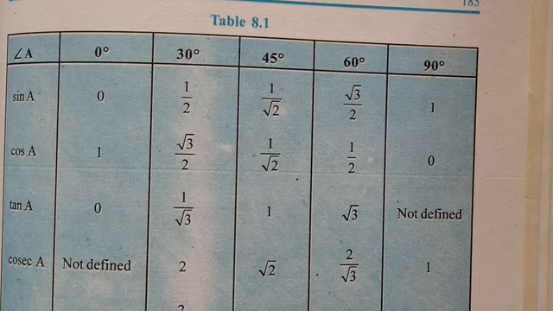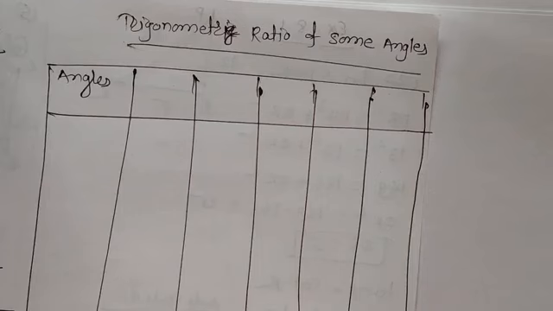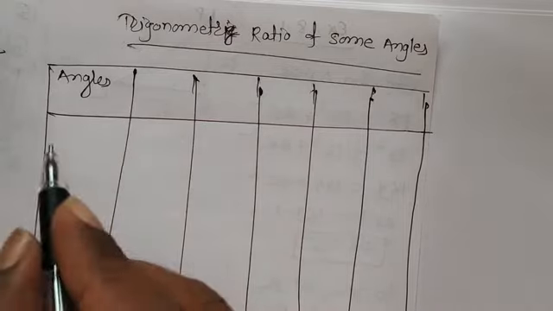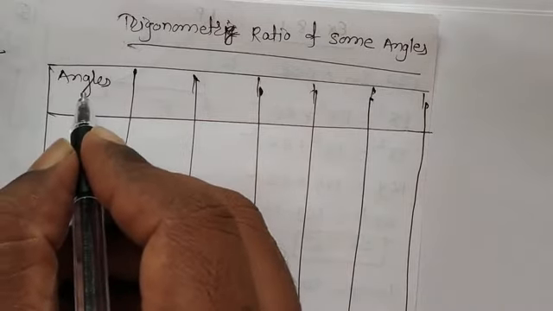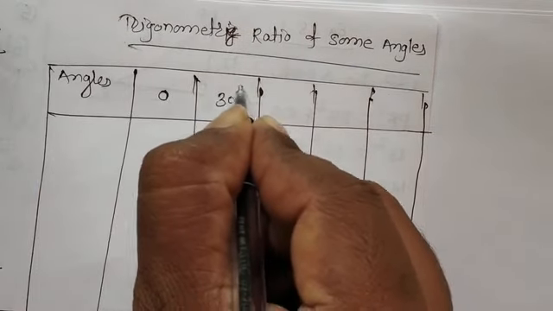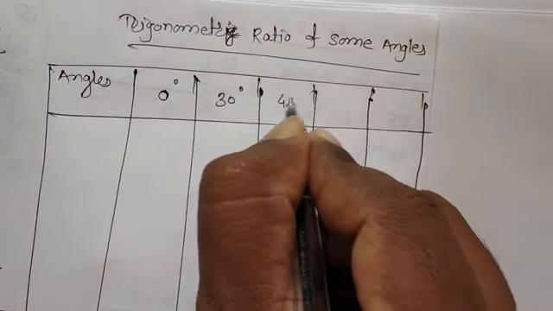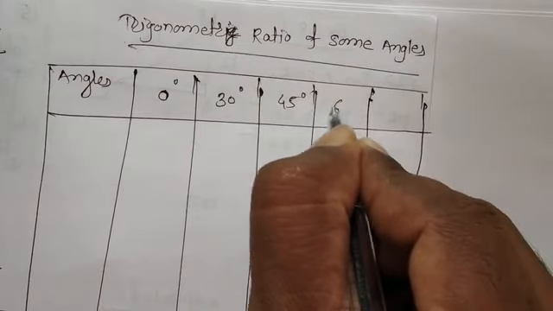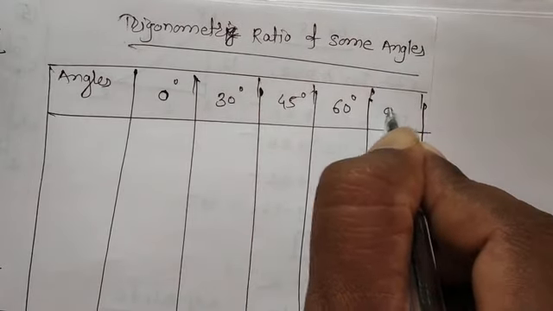So first we write the angles: 0, 30 degree, then 45 degree, then 60 degree and then 90 degree.